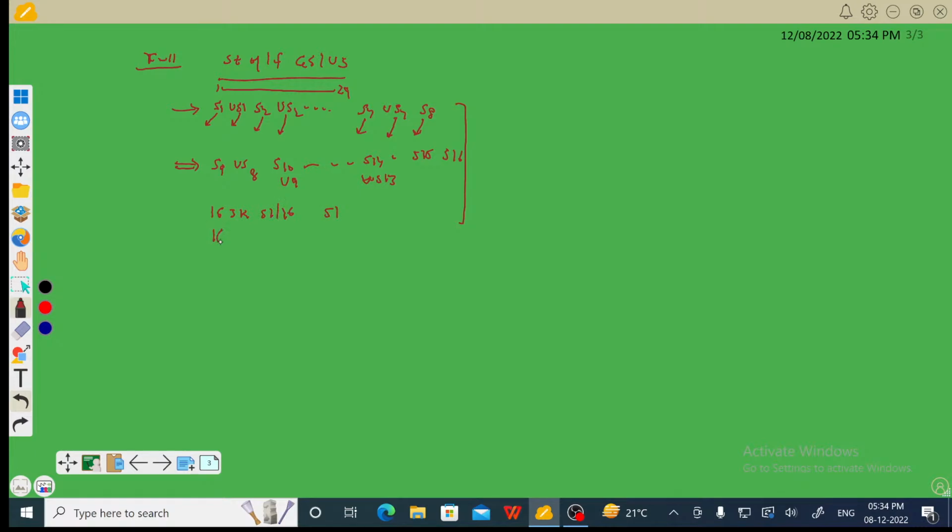Another bunch of 16 structural keys are supplied by Sutra 8. Then third bunch is supplied by Sutra 9. Fourth bunch is supplied by Sutra 15, and then by 16. So first, 8th, 9th, 15th, and 16th. So these are 5 sets.